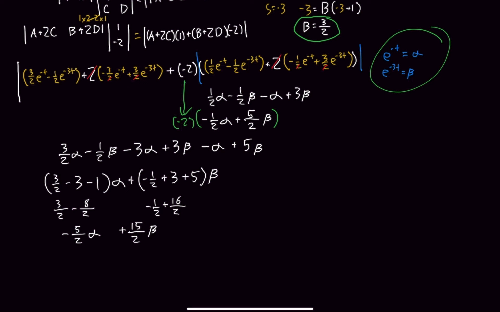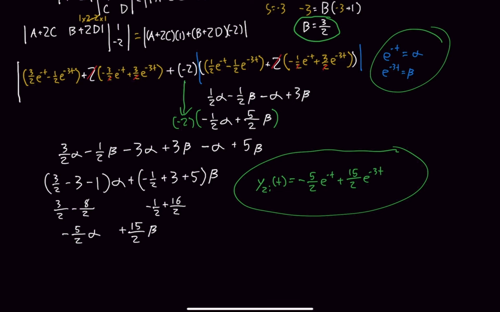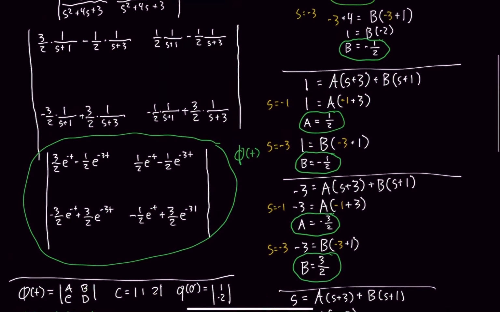Our y zero input equals negative 5/2 e to the minus t plus 15/2 e to the minus 3t. And this is our second answer to the question.